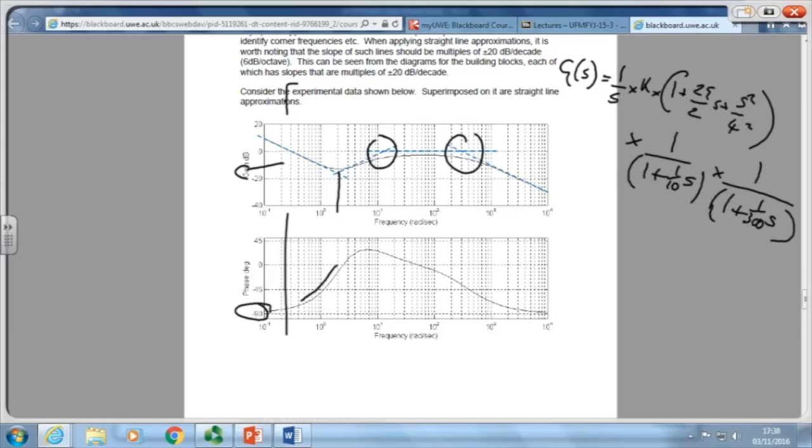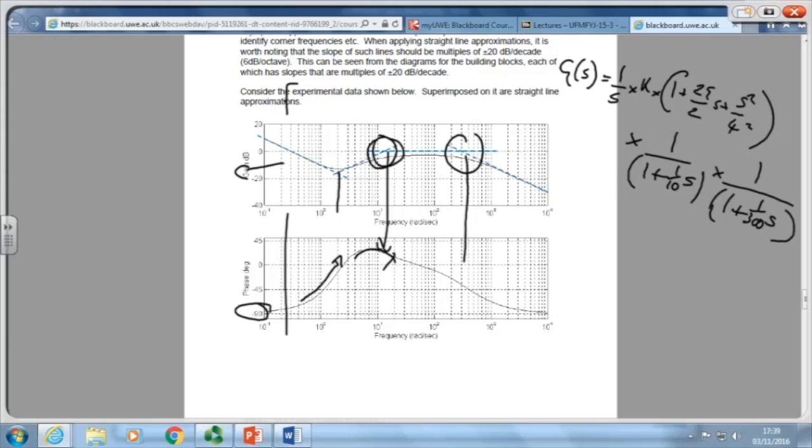That phase is going more positive, so it's obviously a lead kind of thing going on. It's also doing it fairly quickly, which suggests that it's got a low zeta. I've got a lagging corner here, first order, so that's going to bring it down again by 90 degrees, so this is turning down.